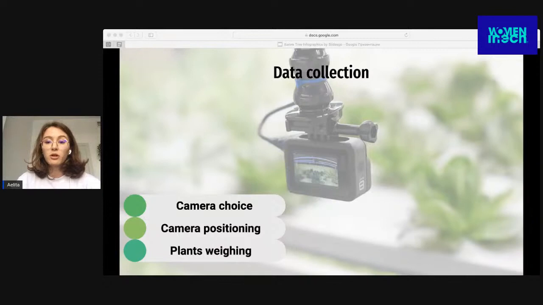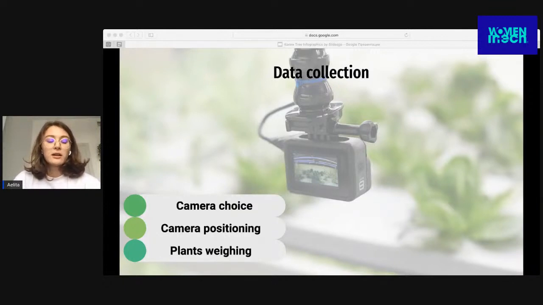Camera position should be constant at all shelves and fixed, since it is important in order to estimate the size of the plants and therefore their weights. Also, cameras should be water resistant and be able to capture as many plants as possible on the shelf. Together with the farm company, we agreed on using the Xiaomi YI action camera, as you can see in the picture.